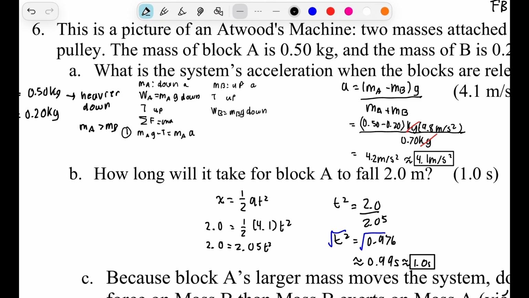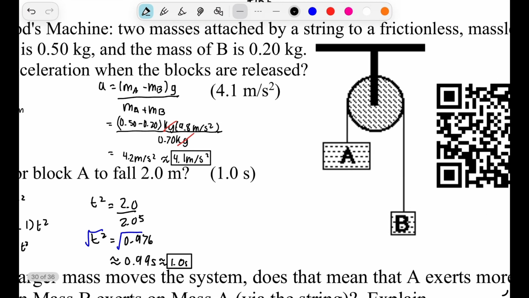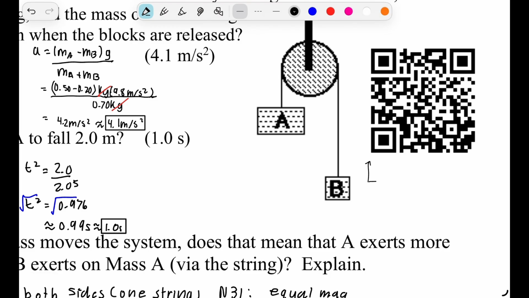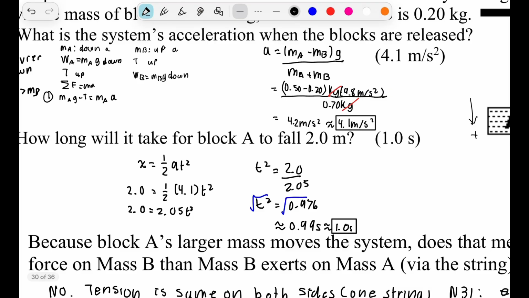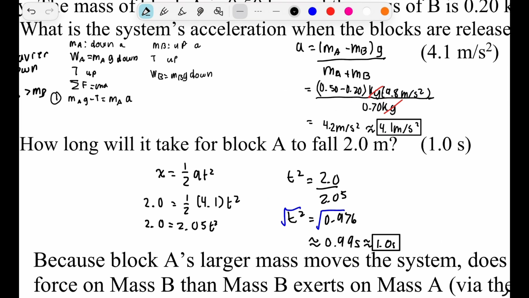So we can take upward as positive for B. And for block A, downward is positive. So we can write Newton's second law for block B. Our second equation is going to be the tension minus mbg is equal to mba.